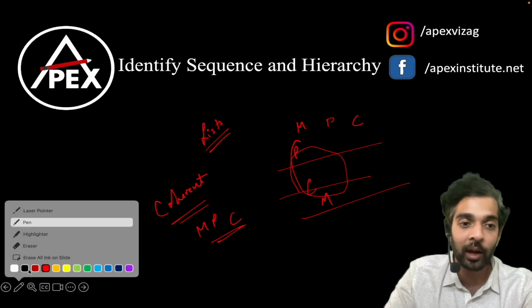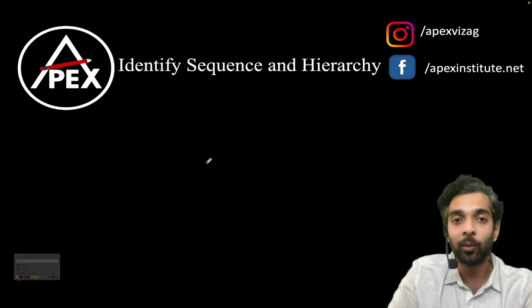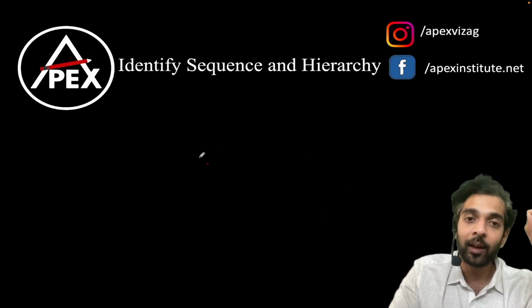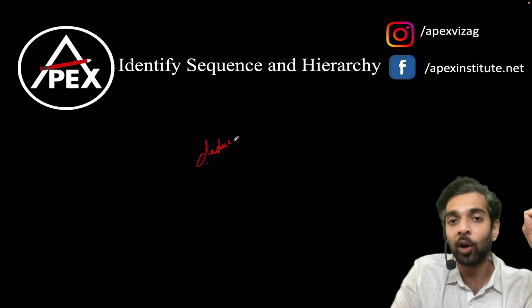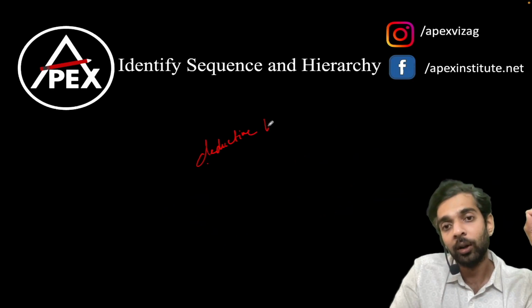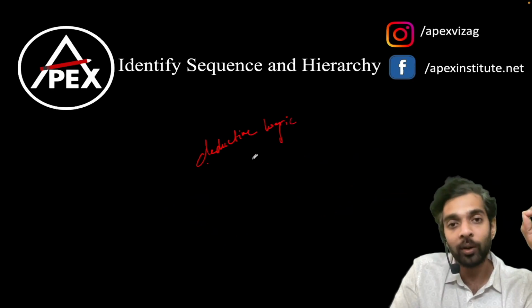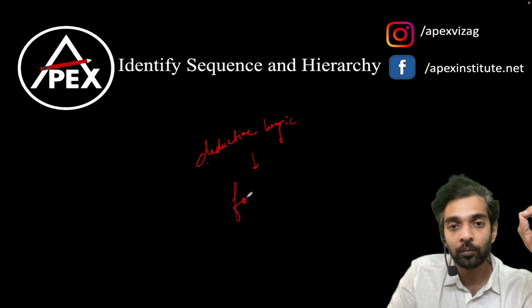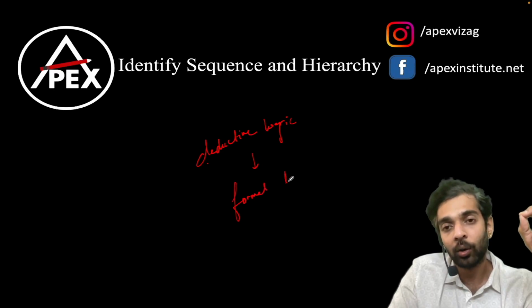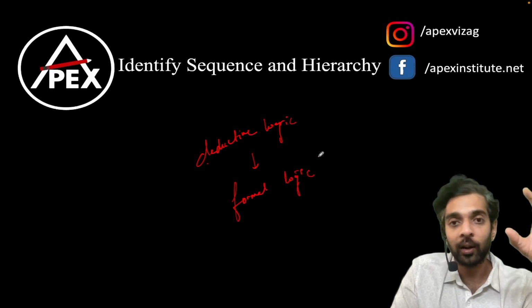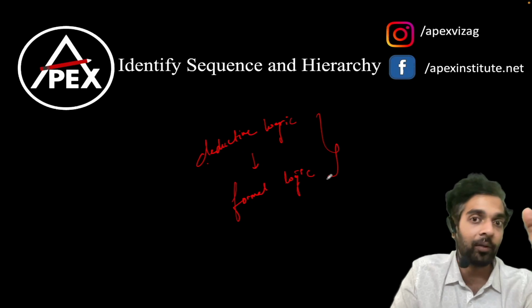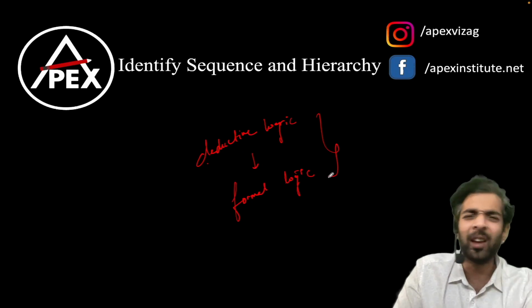Another thing that you can look at when you're talking about sequence and hierarchy is something called deductive logic. Deductive logic is also known as formal logic. Now what is deductive logic? What's the philosophy of deductive logic? It's very, very simple.